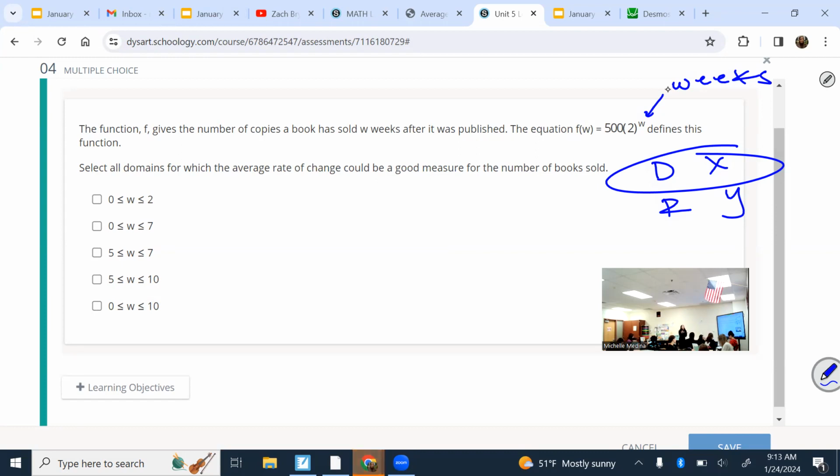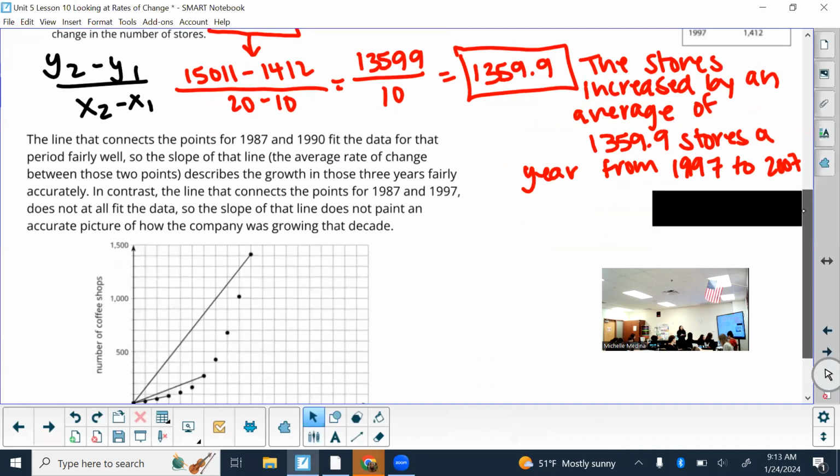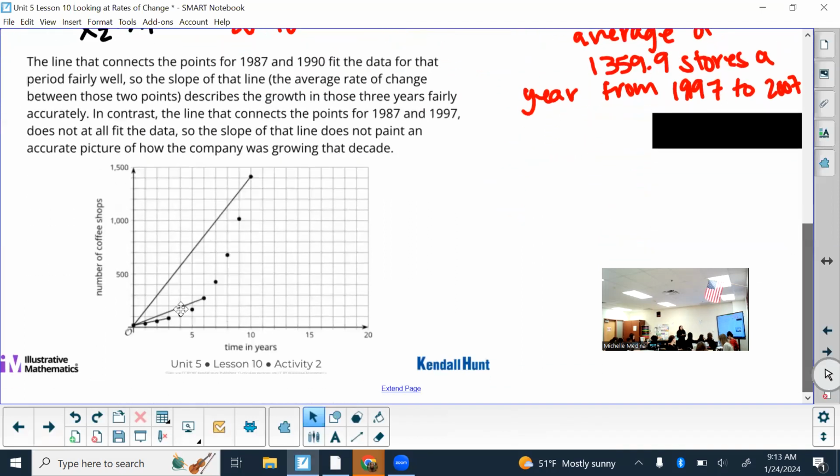So let me take you back to the notes, and I know not all of you have had the lesson today, but I think the notes have a good example. Here the dots are what we were given. The lines are average rates of change from particular time frames. So from the beginning to the end, from the beginning to about the middle, and from the beginning to the first 3 weeks.